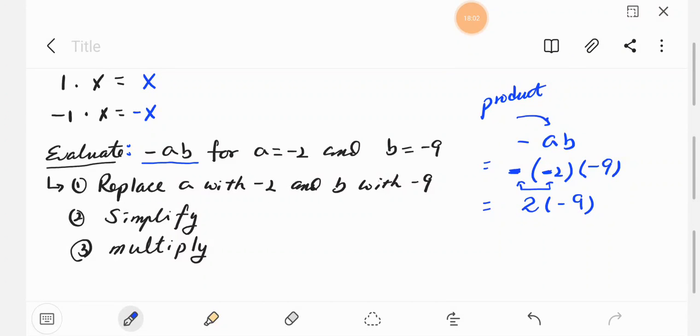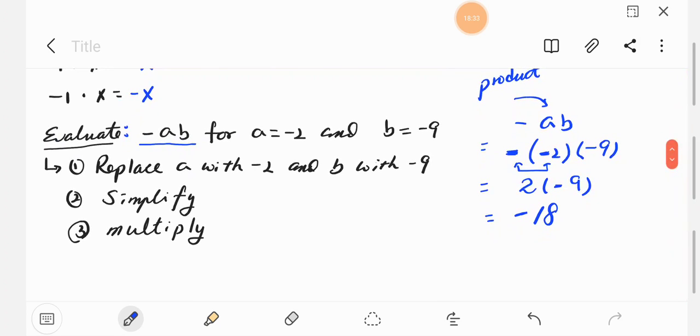So this will be 2 times -9. Multiplying these two, one is positive, one is negative. This is a product of different signs, so the result is negative. 2 times 9 is 18. Make sense? So look at this. The negative sign and -2 means the opposite of -2. So that becomes +2.